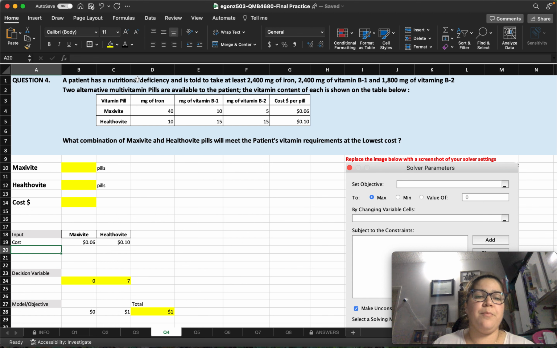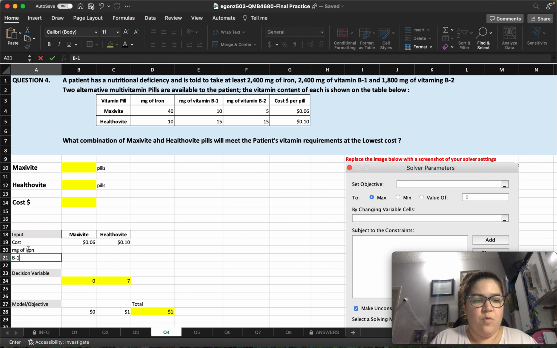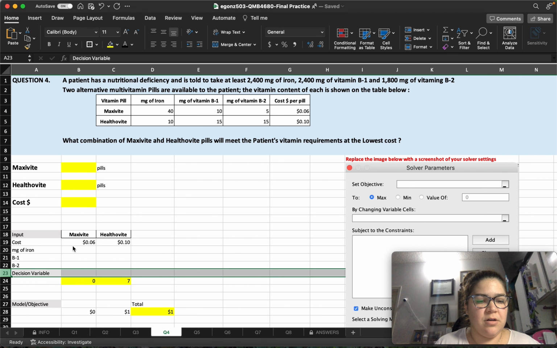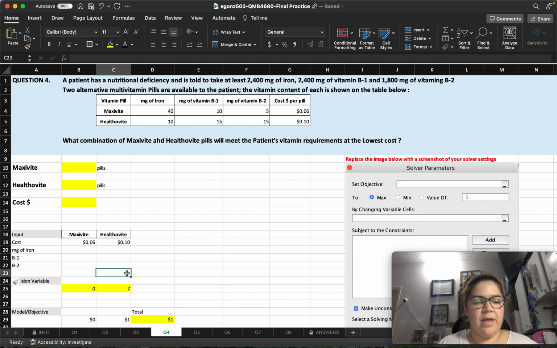We're going to have milligrams of iron, B1, and vitamin B2. So let's put milligrams of iron, and B1, just so I can make my life easier. We can put as many as we want. Let me insert a row. So we have at least one.